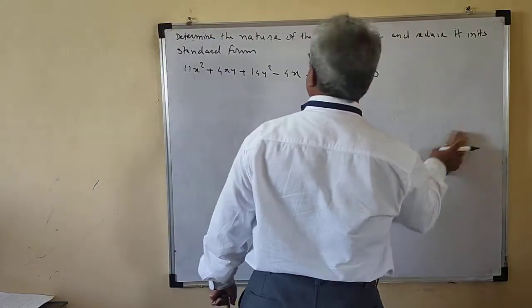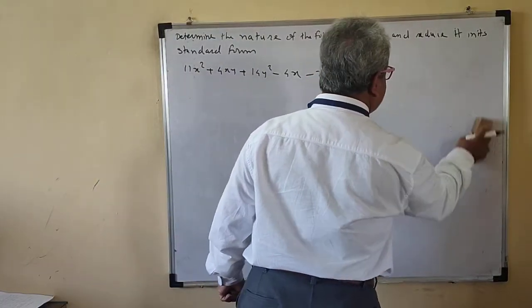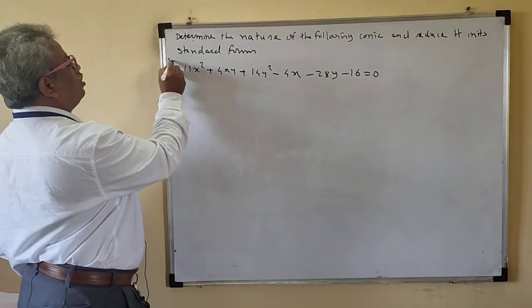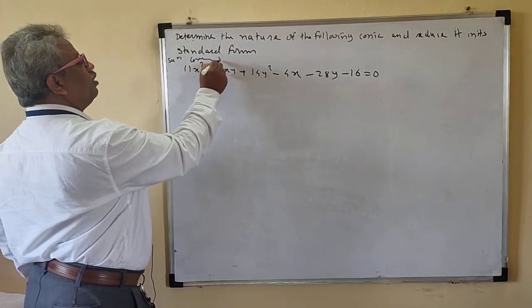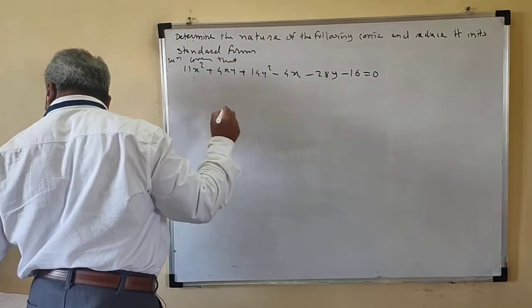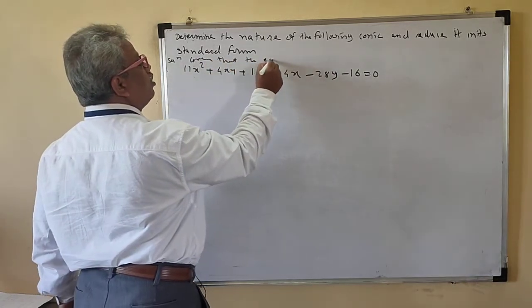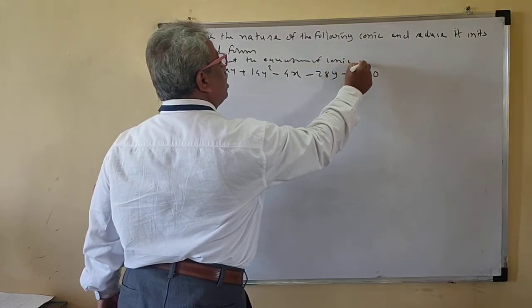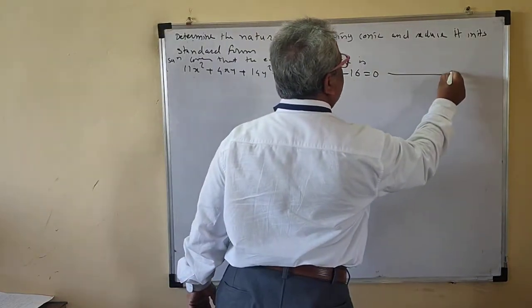So the first question is, you have to first determine the nature of the conic. Solution. Given that the equation of the conic is, we call this as 1.